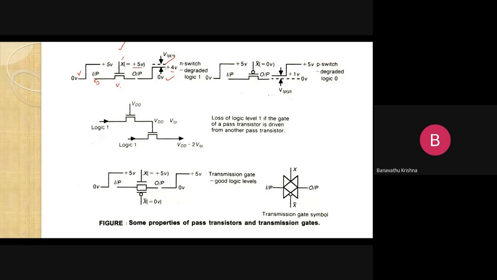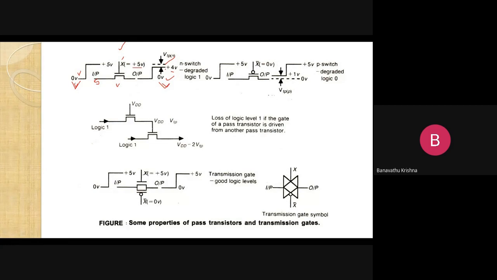So one thing you can observe here is that the NMOS pass transistor is strong at 0. Strong at 0 means we get the same response at the output side: if you apply 0 as the input signal, it simply passes to the output.